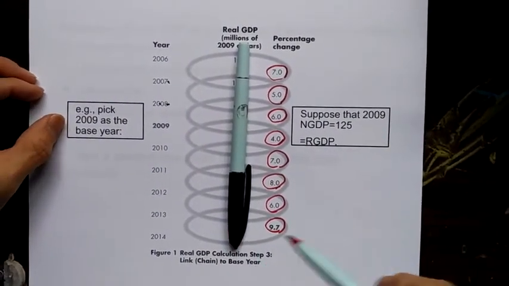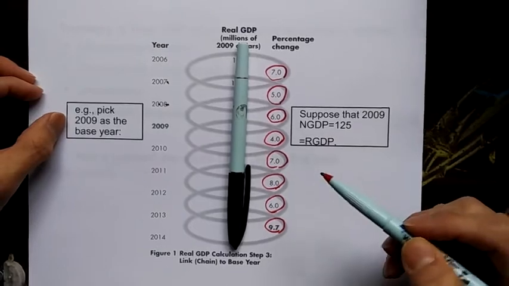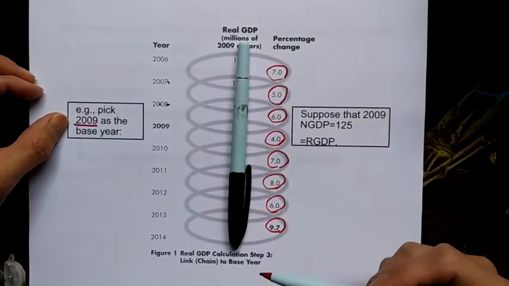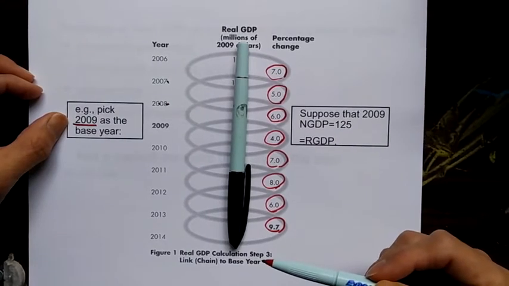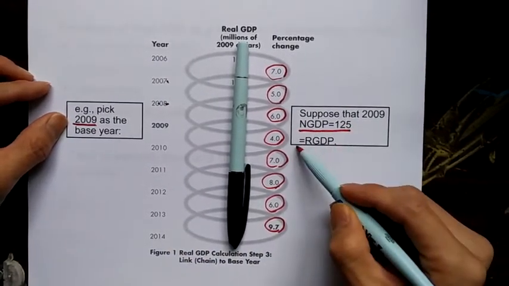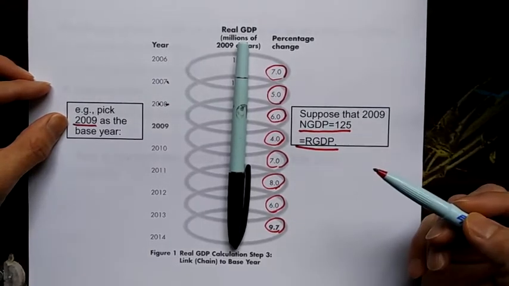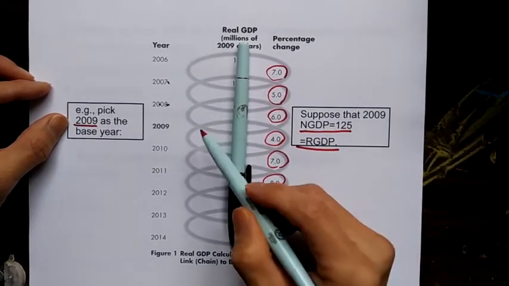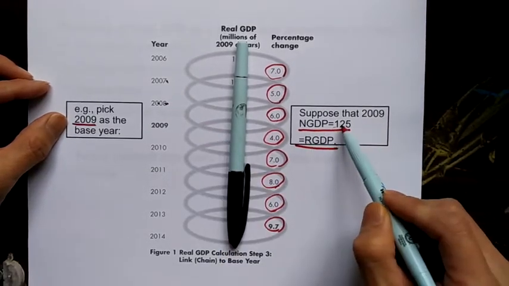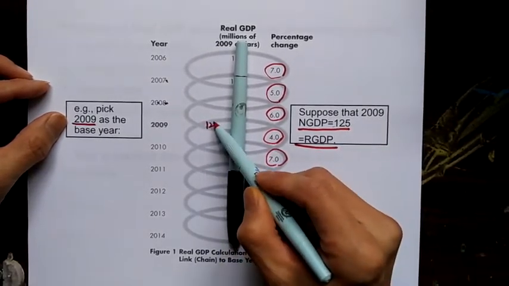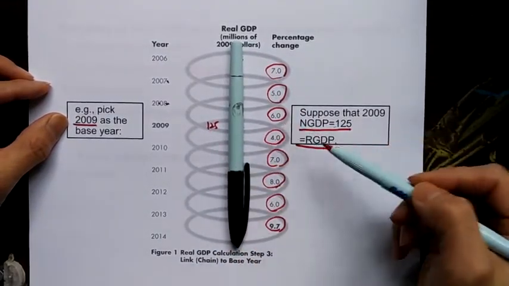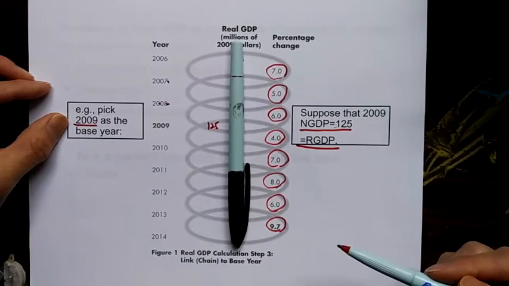Then you pick a base year. Say, for example, you put 2009 as the base year. And remember, in the base year, nominal GDP is equal to real GDP. Therefore, in 2009, if nominal GDP is 125, then real GDP is also 125.